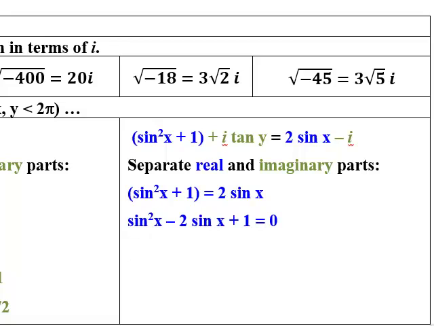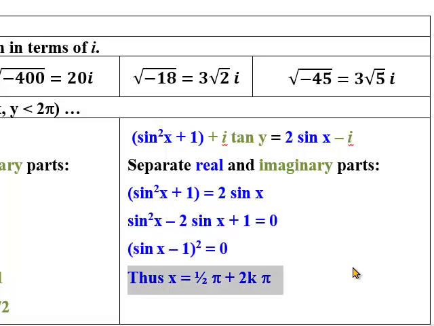Now I'm going to factor. This is a nice perfect squared trinomial. There it is. Sine x minus 1 squared equals 0. And we can look at the solution that the only way this works is if the sine x equals 1 itself, in which case that only happens at 90 degrees, and therefore it's going to be pi over 2.